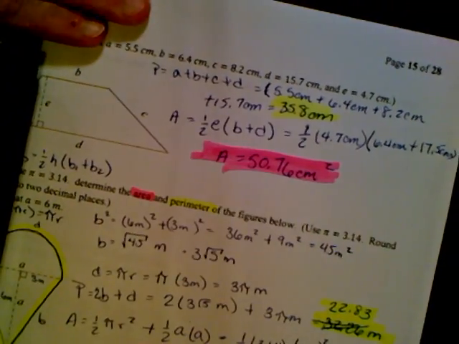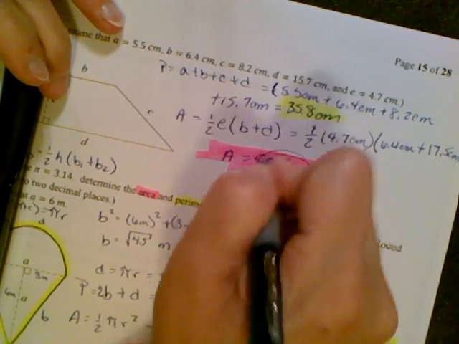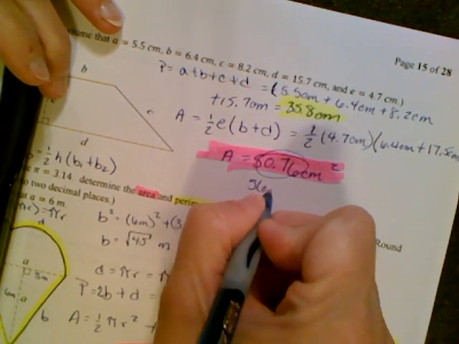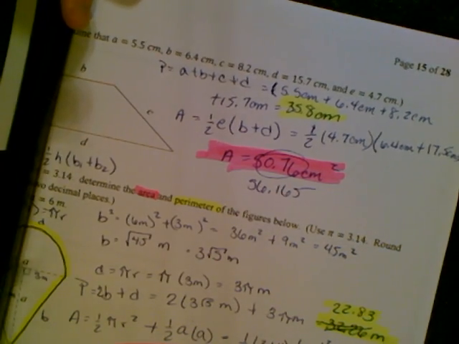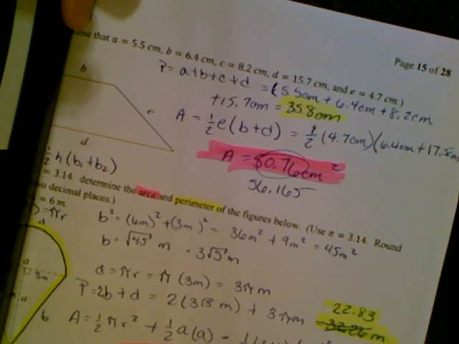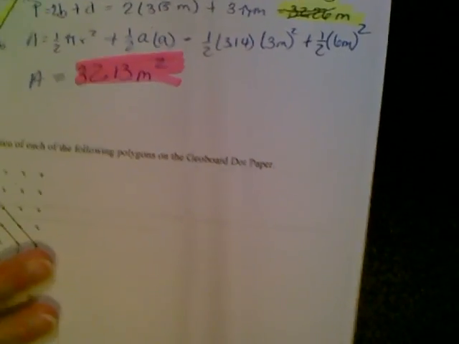But the second answer I'm not getting the same. So I got a different answer for this one. I got 56.165 for that. Yep. So this answer should be different. Sorry about that. Teachers not perfect.